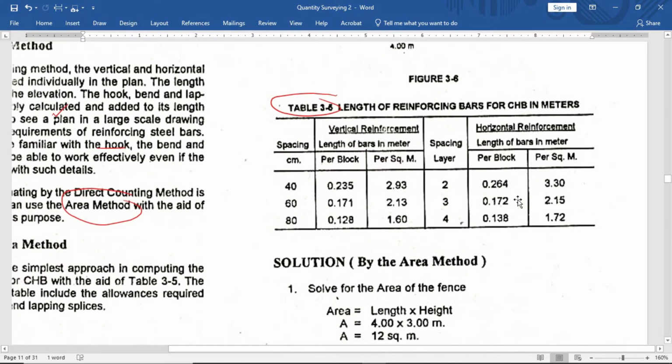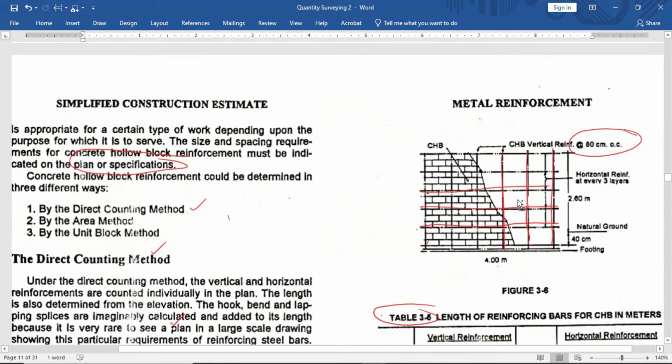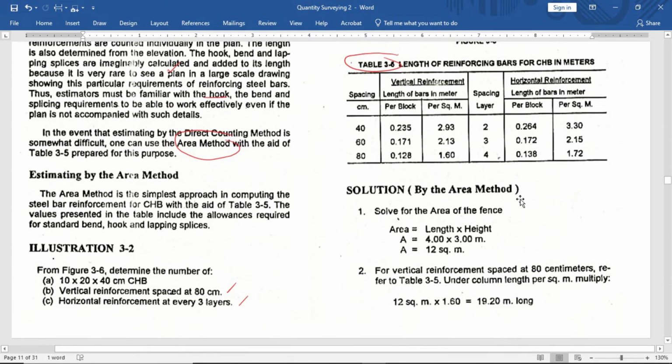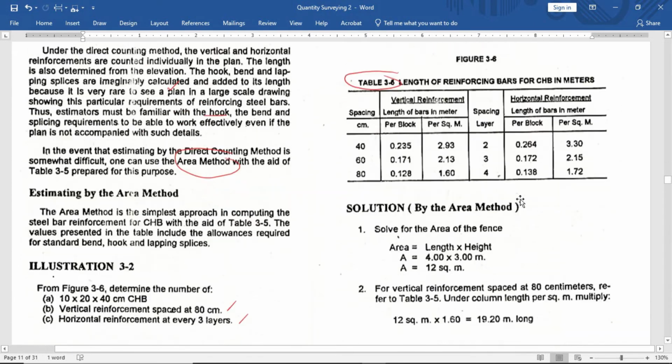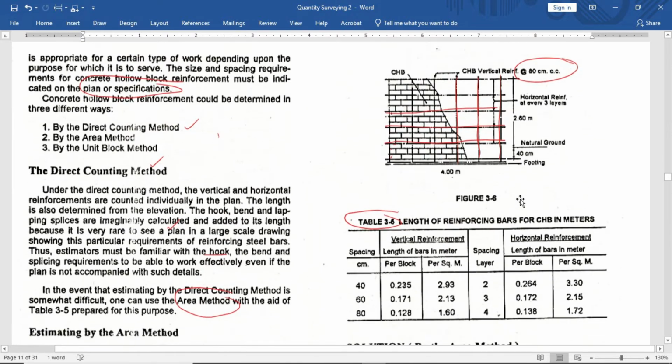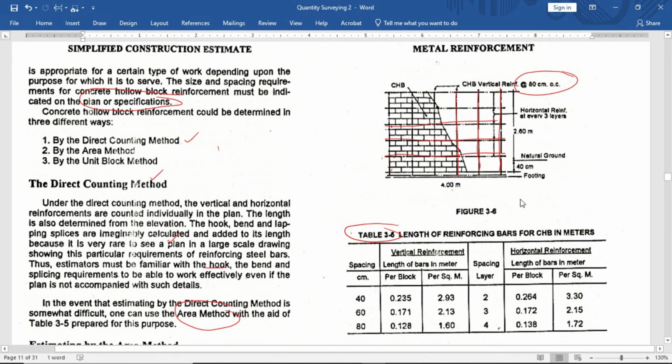So, first solution na gagawin natin is solve for the area of the fence. Ang length natin is 4 meters. Tapos, ang height is 2.6 plus 40 centimeters. Ito, natural ground line. Syempre, pagpunta sa baba hanggang footing, meron pa tayong hollow blocks na ilalagay doon.